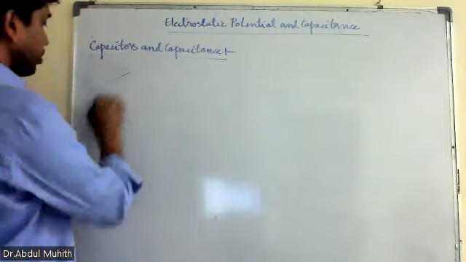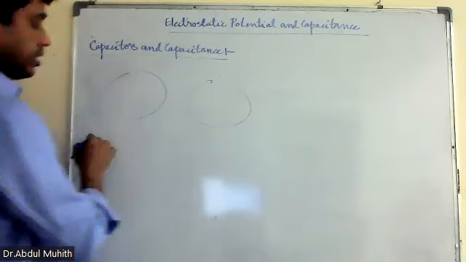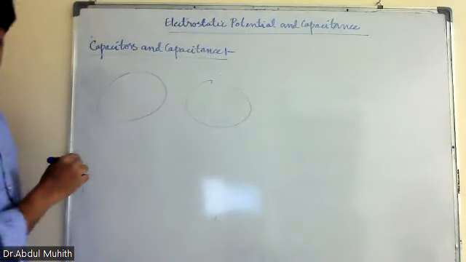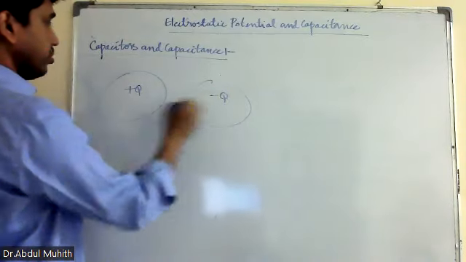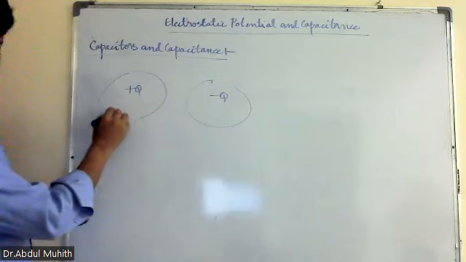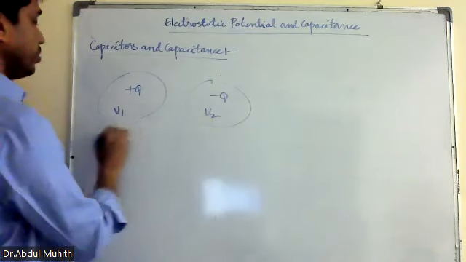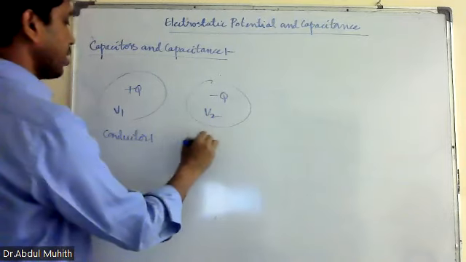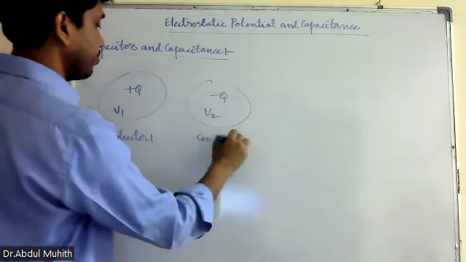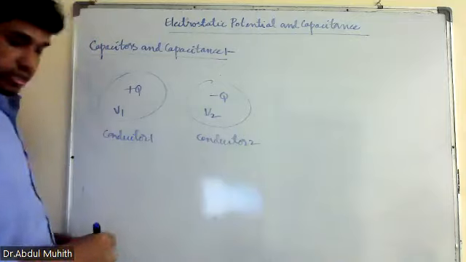Here there are two bodies, one with positive charge and the other with negative charge, plus Q and minus Q. The potential of this one is V1 and the potential of this one is V2. This is conductor 1 and the second one is conductor 2.